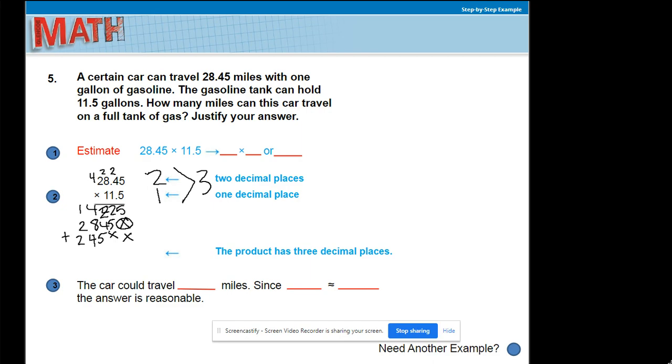Make sure that you are lining these up correctly. Oh, I missed a number. This is supposed to be 8. If you don't line these up correctly, then you won't get the right answer. Okay, so I'm going to move this over here so I have a little bit more room.